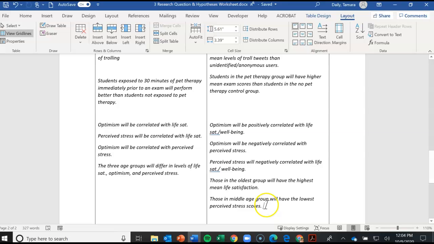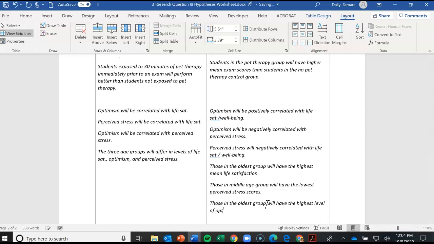So I can go ahead and state that I predict the oldest group will have the highest level of optimism. And again, I'm basing that on the Gupta article.